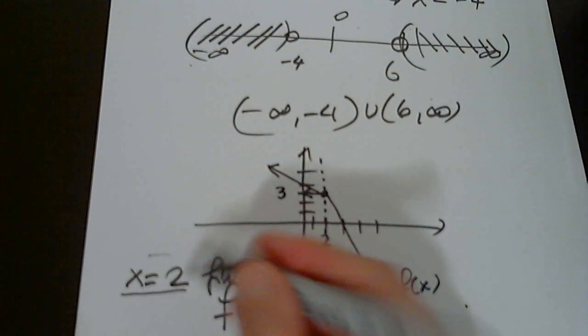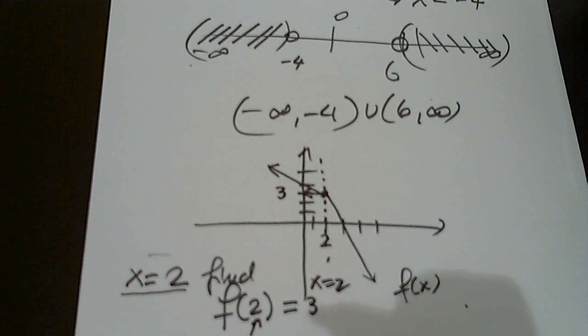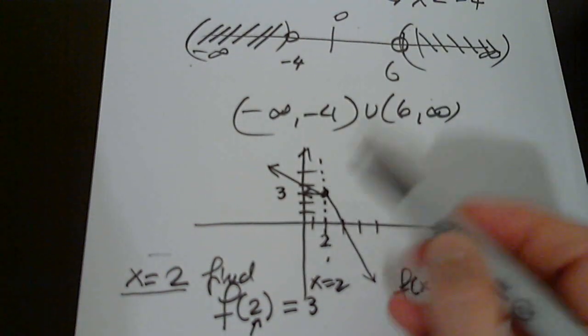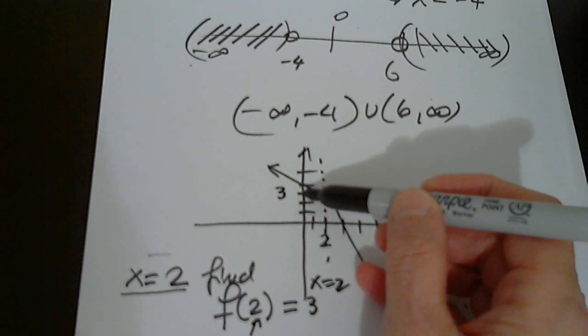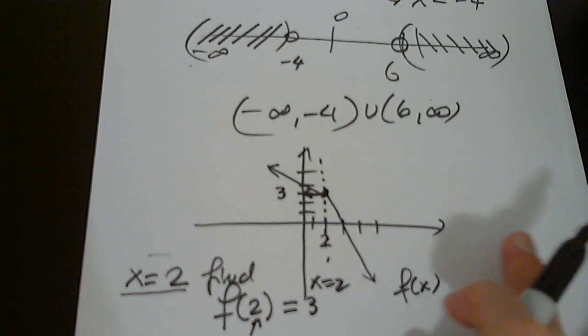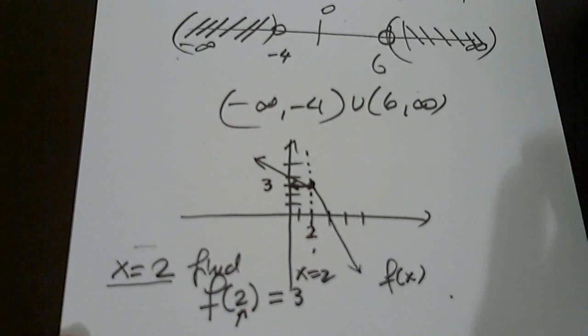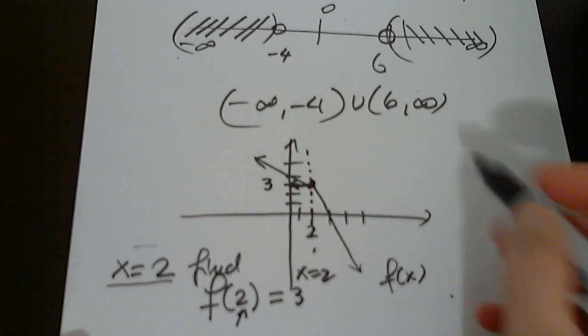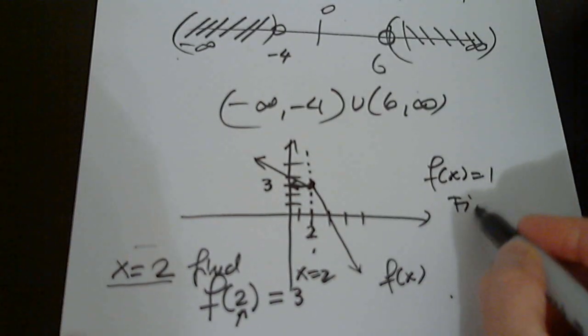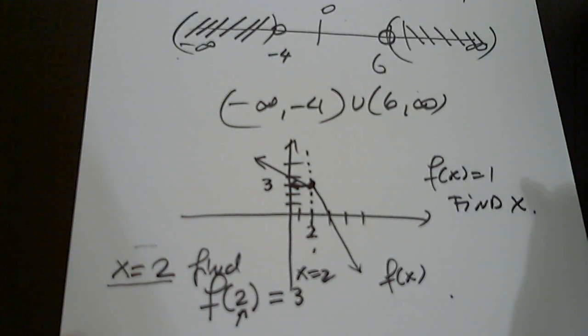So when I'm given x, I draw a vertical line, I see where it crosses the graph, and then I read the corresponding y value, which is 3. However, I may be asked the other way around. If f of x is 1, find x. In this case, they're really giving me the y value.